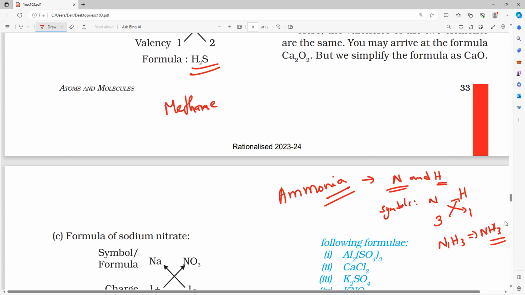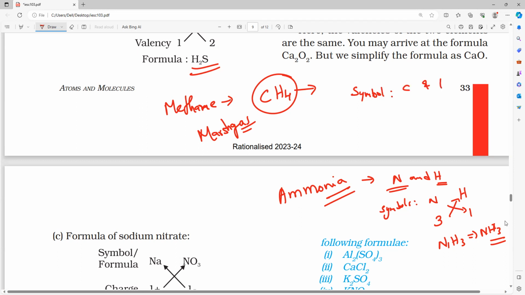Methane. Many of you already know the methane formula. What is the methane formula? CH4. It is also called marsh gas, methane, CH4. So now, what are the symbols?